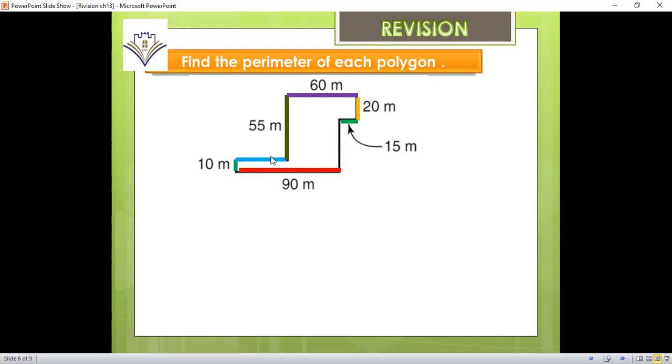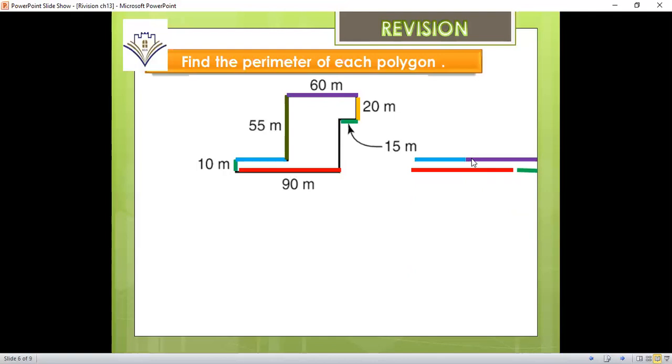Look, this line and this line, both of them are equal to the red and green. Again, this line and this line, both of them are equal to the red line and also the green line.